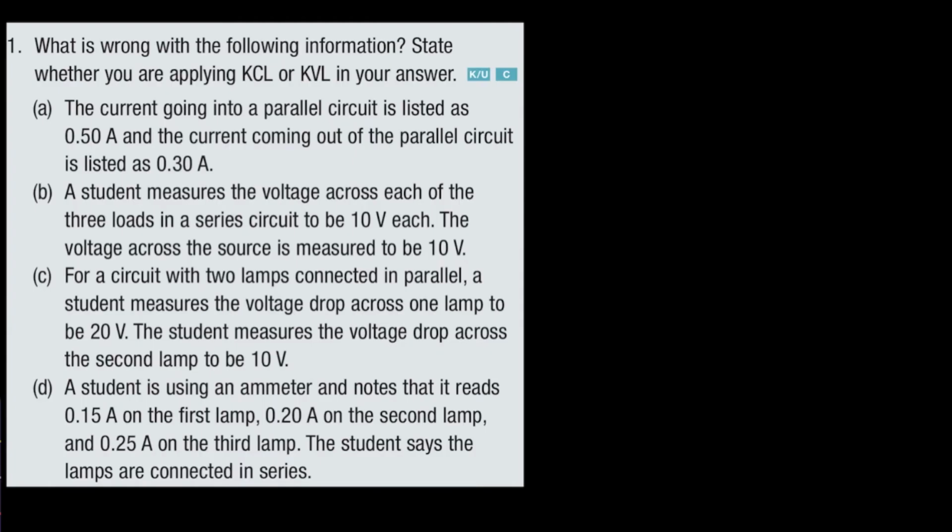So in the first one, the current going in is 0.5 amps. And it is going into a parallel circuit. And then they measure the current coming out. So we use the letter I for current, so current in and then current out.